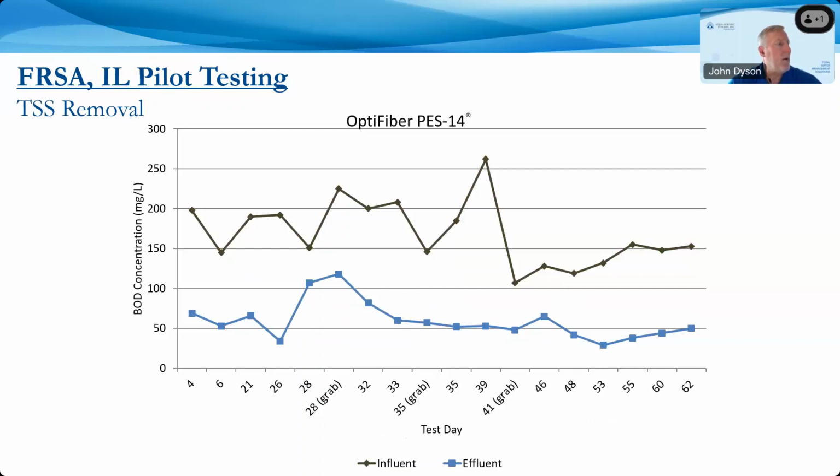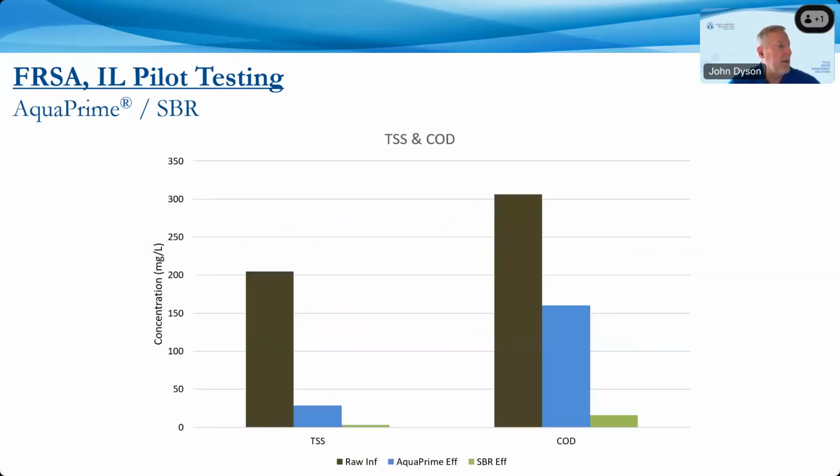So when you actually look at BOD removal, you can also see here a very consistent number. Now there is more variation here, and that's usually due to the soluble fraction varying day to day in any wastewater influent conditions that are there.